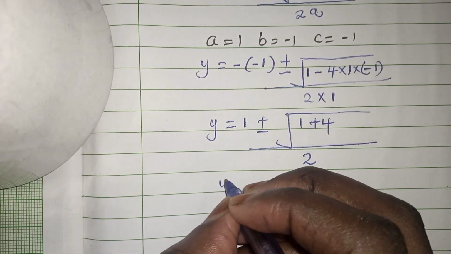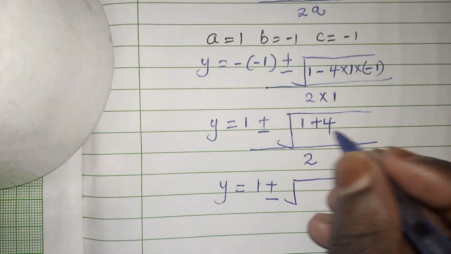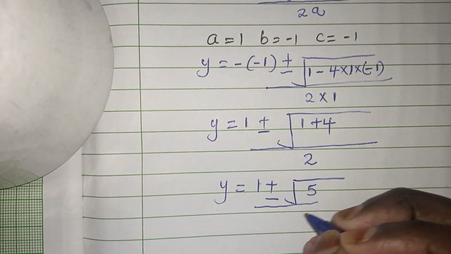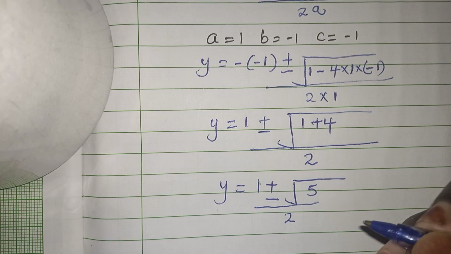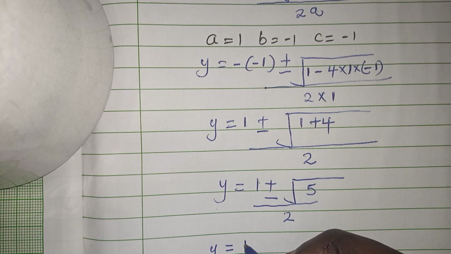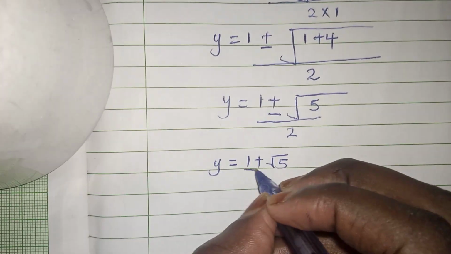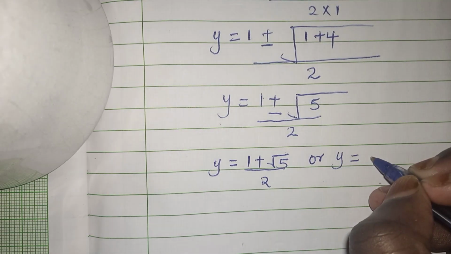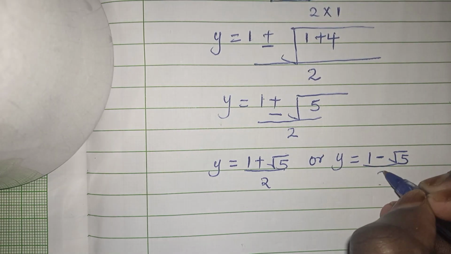So y is equals to 1 plus or minus the square root of 1 plus 4, 5, all this divided by 2. So we have two solutions here: y is equals to 1 plus the square root of 5 divided by 2, or y is equals to 1 minus the square root of 5 divided by 2.